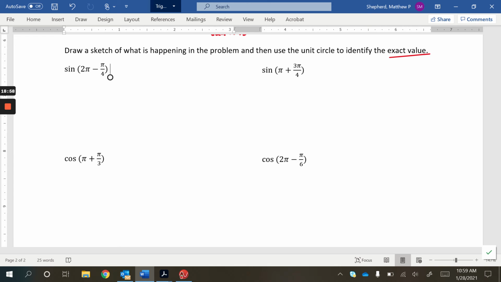So what we are going to do here is first I'm going to try to figure out these problems using a sketch of the unit circle. All right, so let's imagine, here's our unit circle. Now, first we're taking the sine of 2 pi.